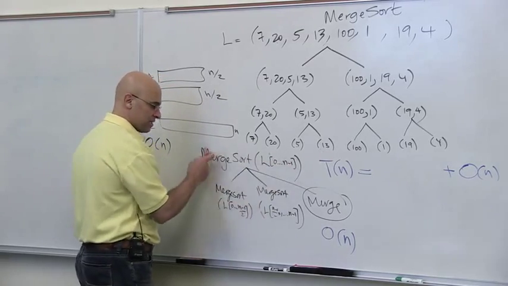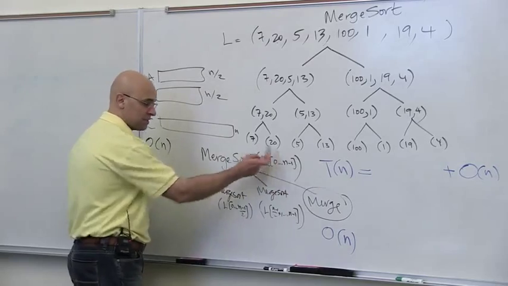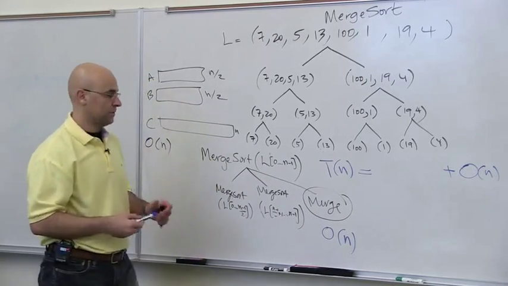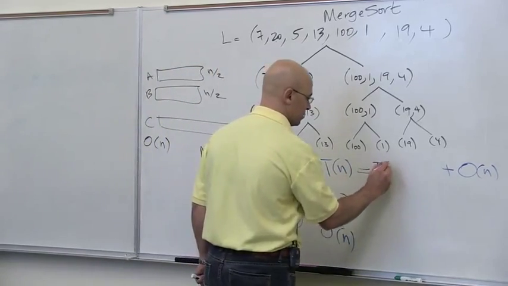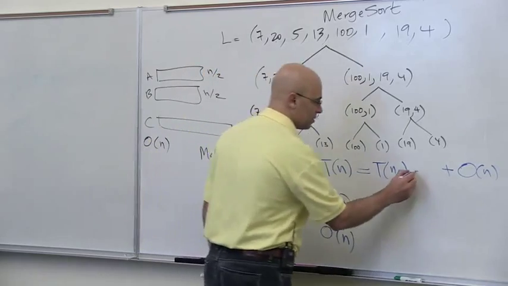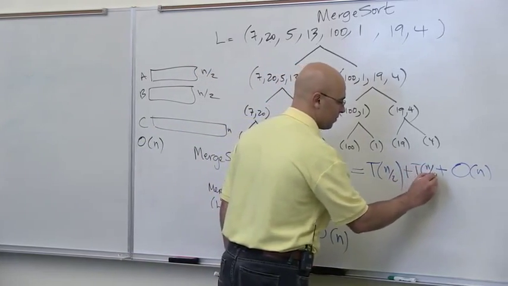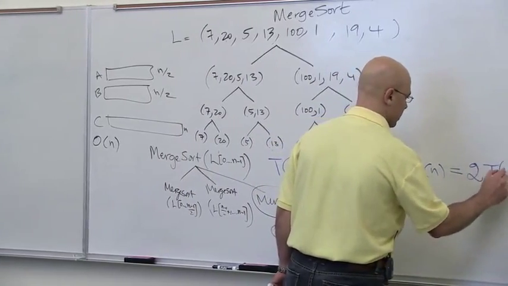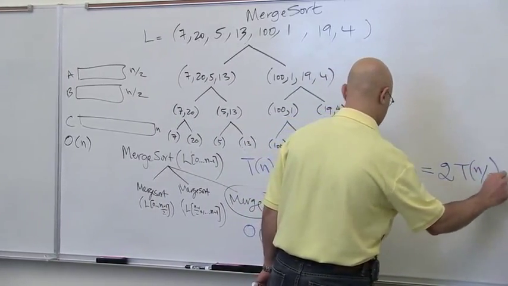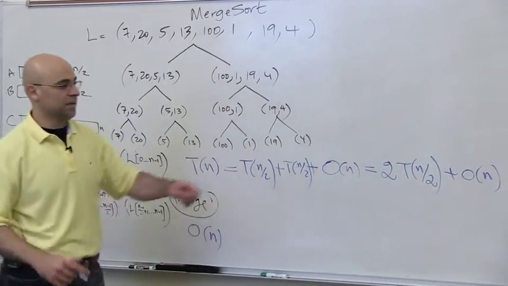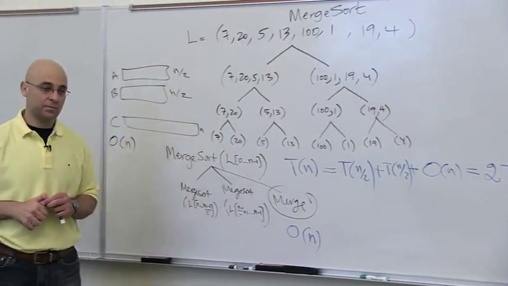So if this takes T of n, this is going to take T of n over 2. This is T of n over 2. And this is the same story, T of n over 2. So what we get from here is that we have 2 T of n over 2. This is the running time of merge sort.